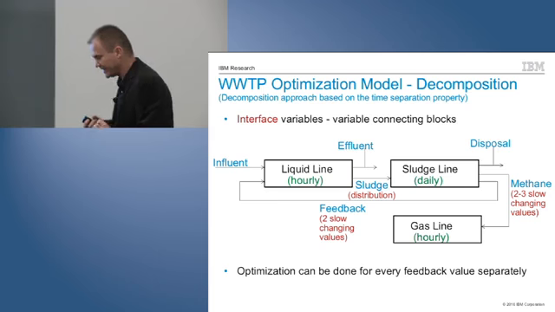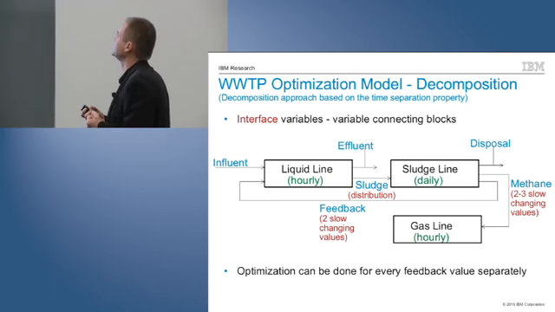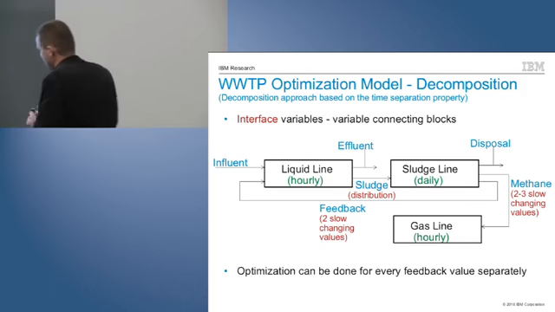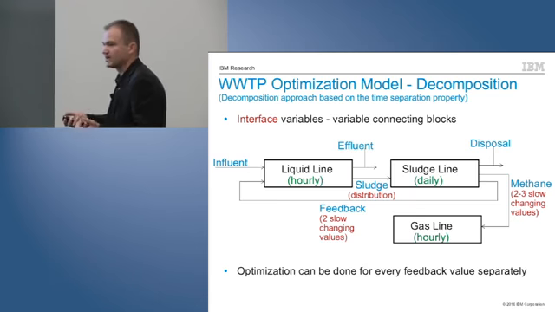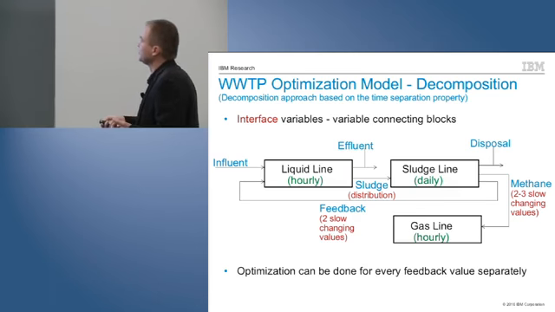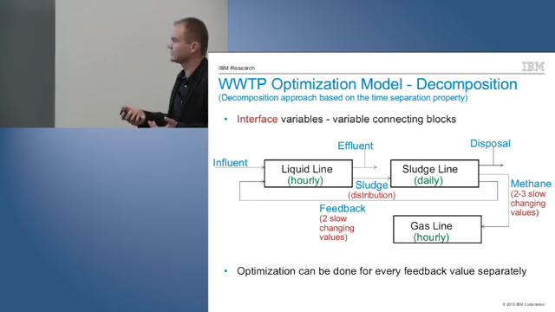The idea behind this algorithm is a time separation property. We noticed that processes in the liquid line are quite fast. Sewage that comes in at the input can be at the effluent after a couple of hours, but processes at the sludge line are very slow. The digestion process can take more than a week.